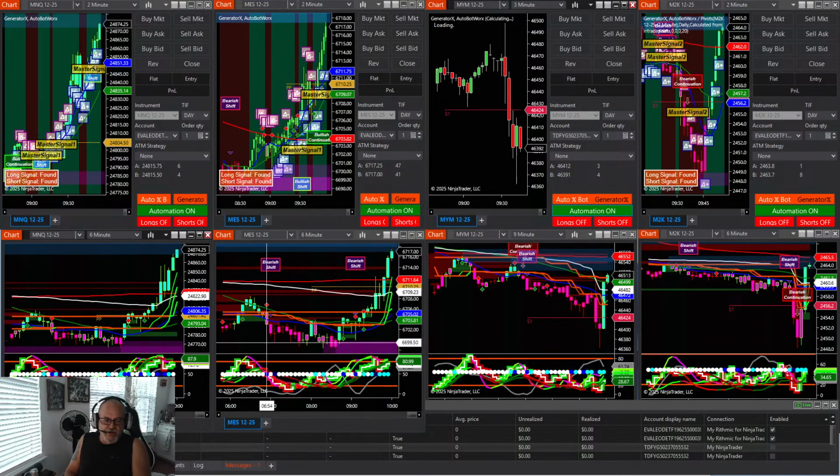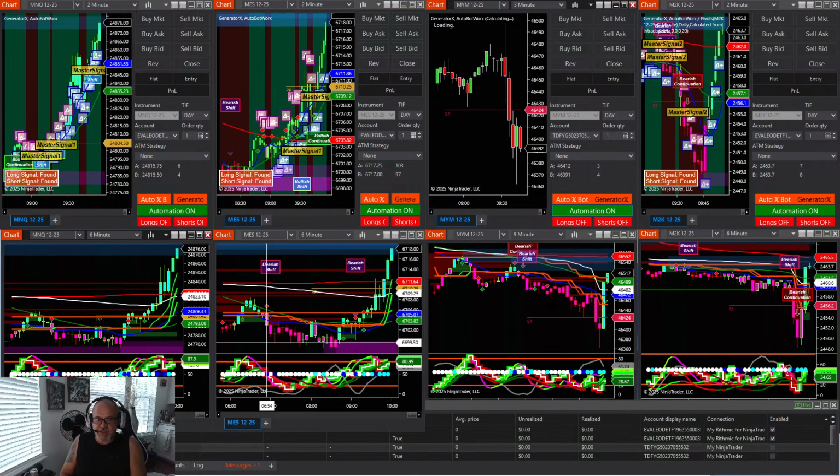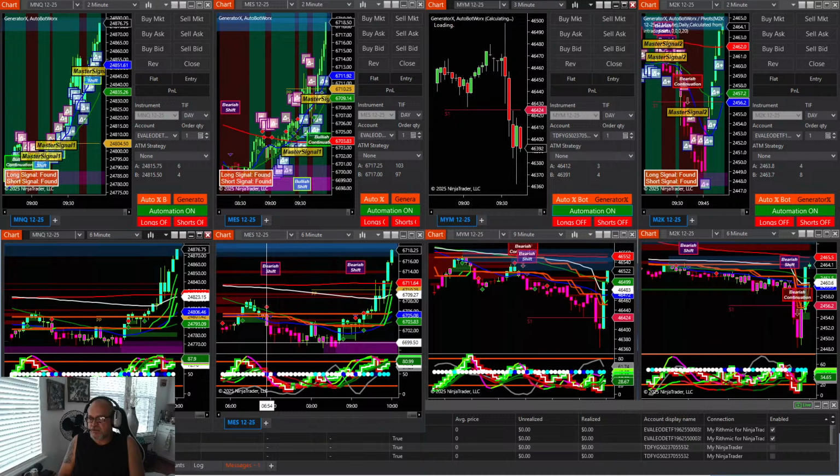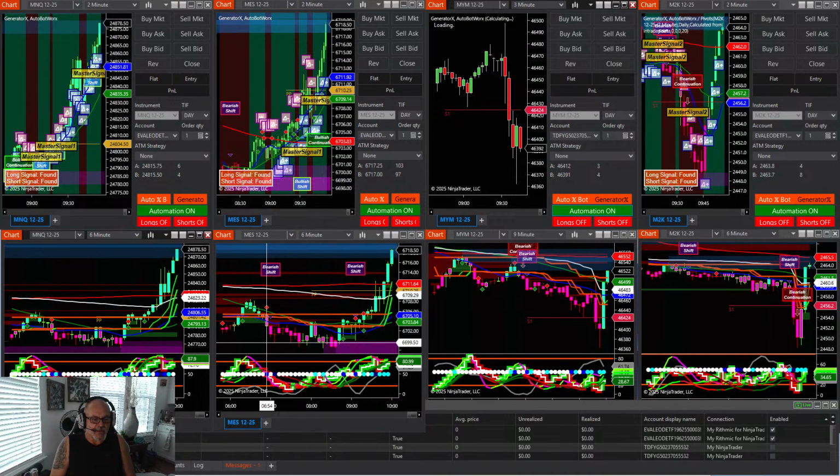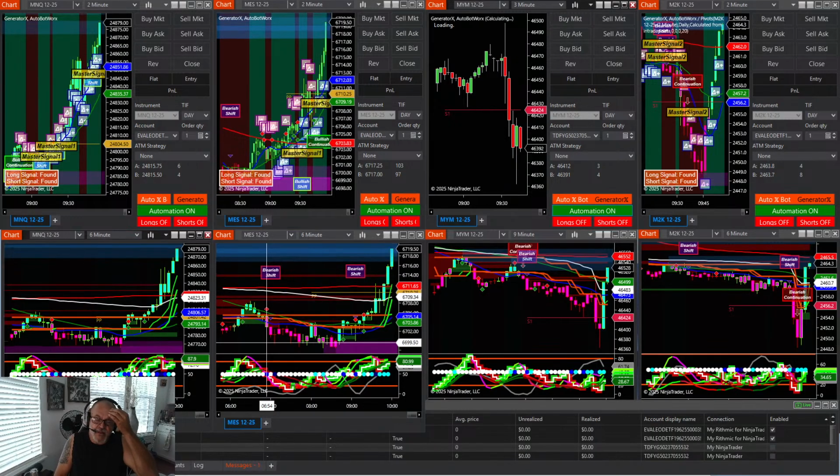The 9 has crossed the 200 on both NQ and ES, but the 21 is still below the 200, so no continuation longs on those for now. All we would be looking for on those at the moment is just a pullback to grab a few points off of that.